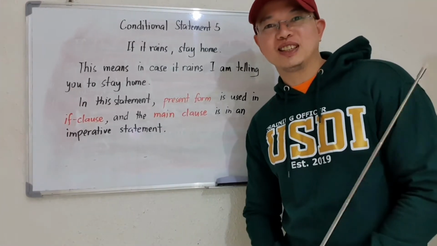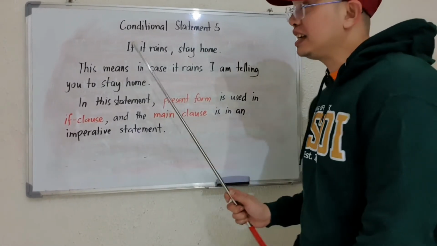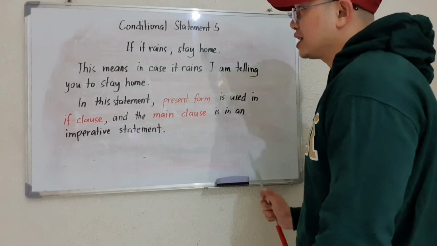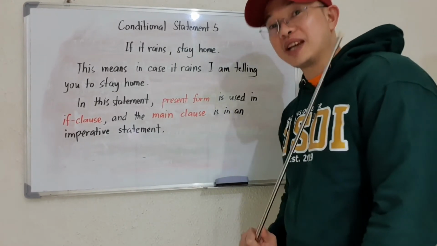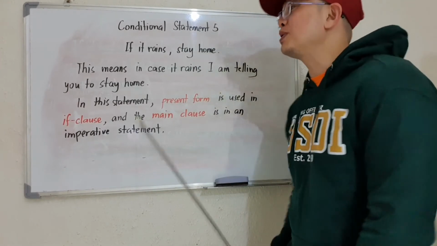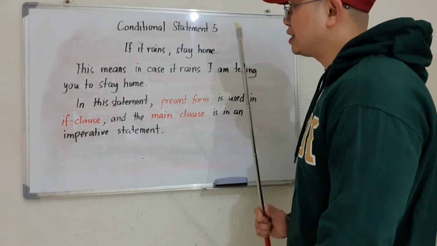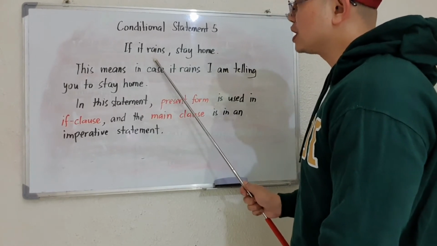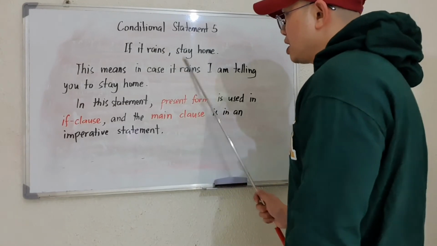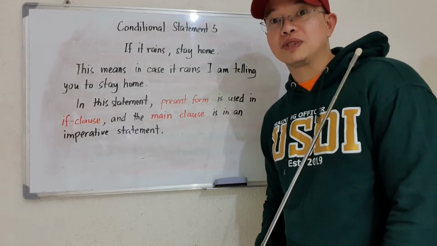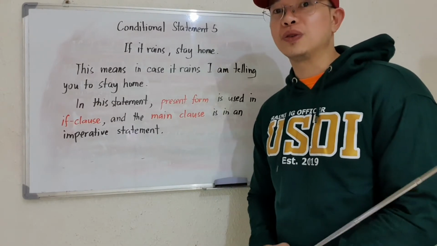Now, the last but not the least, conditional statement 5. If it rains, stay home. This means, in case it rains, I am telling you to stay home. So, as you can see, in this statement, still you use the present form in the if clause, but this time the main clause is an imperative statement, whether it can be a command or request.